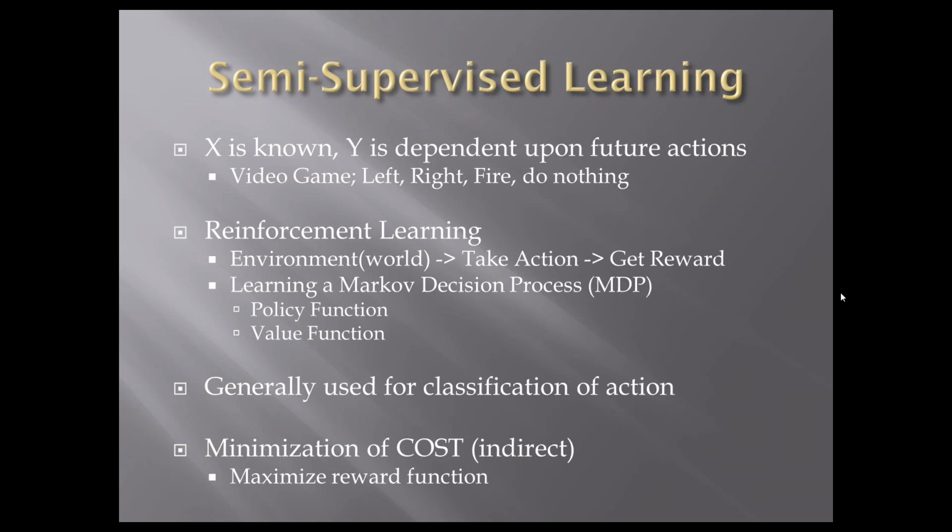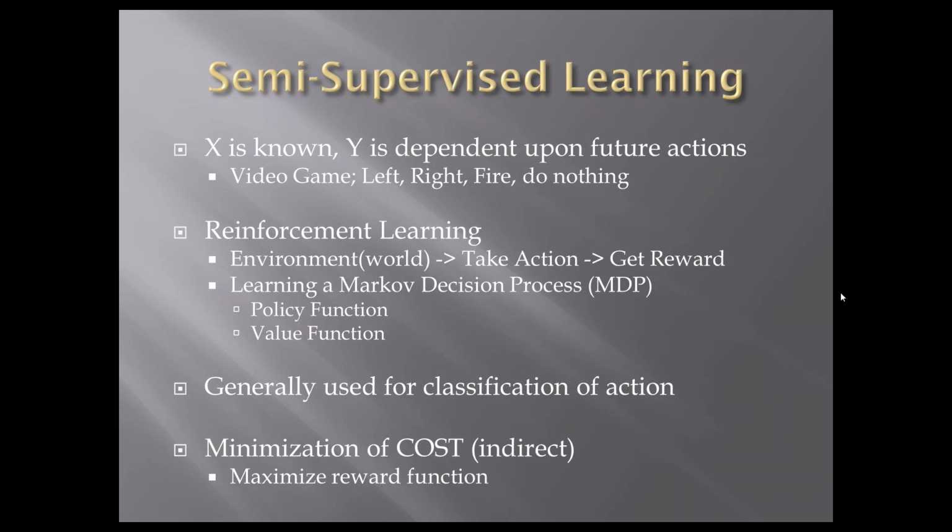The other type of learning that can be done here is also a value function that says that if I do X, then my future value is Y. So it's kind of an indirect way of generating what action you should take. This is generally used for classification of action.